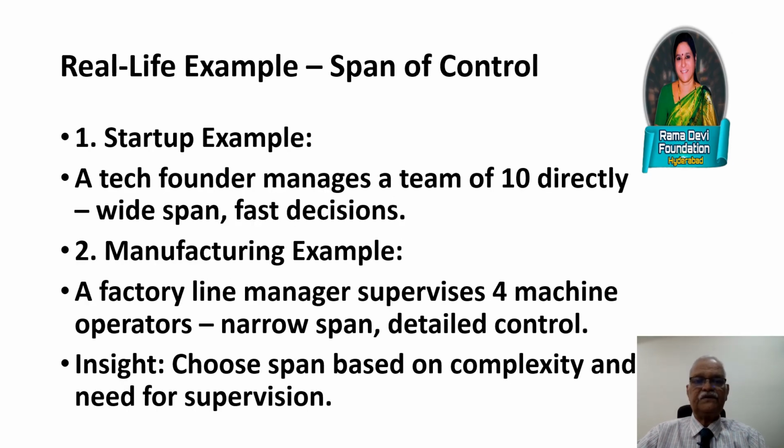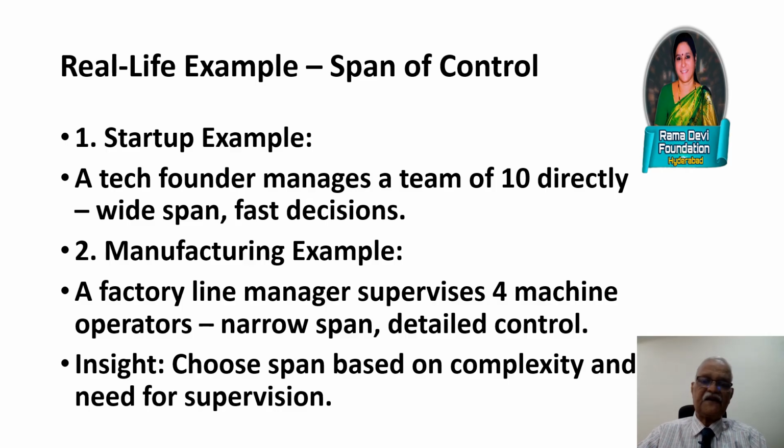Let's take a real life example on this span of control and how it is administered. First one is a startup example. A tech founder manages a team of 10 directly. It's called wide span, fastest decisions made possible.